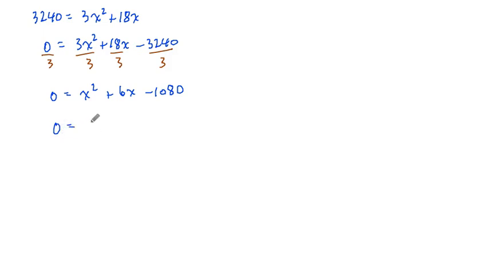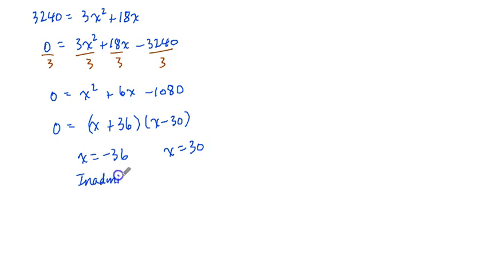Now, 1,080 is fairly high, but the expression does factor as x plus 36, x minus 30. It's a situation where you may have chosen to use the quadratic formula. So we've got x equals negative 36 or x equals 30. This one is inadmissible for the problem because the number of students cannot be negative. So therefore, 30 students went on the trip.